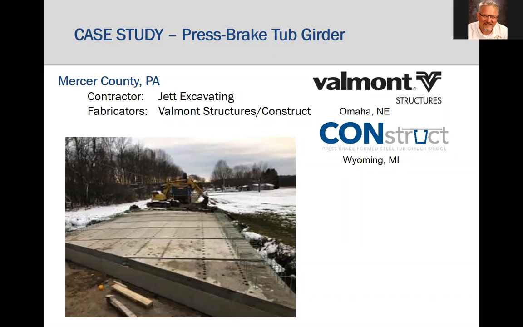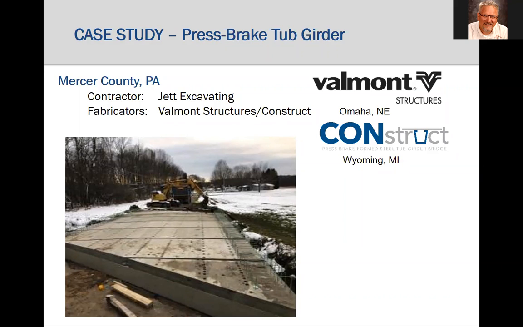So when they were going to replace this bridge, it was determined that there was a total weight limit for the existing abutments, and the lightweight press brake tub girder bridge met the load limits for the existing abutments. So no new abutments were required, and they could use those existing abutments for the new bridge. The Construct system utilizes 2 methods of installation: pre-decked modular units and field assembly.